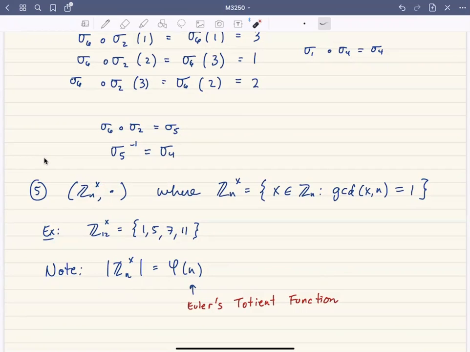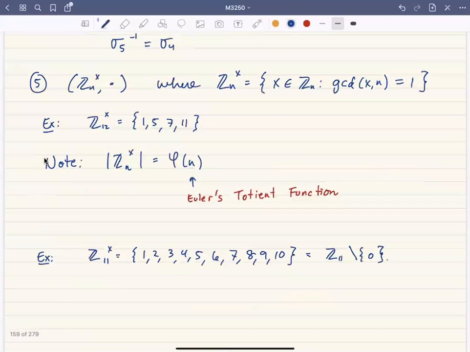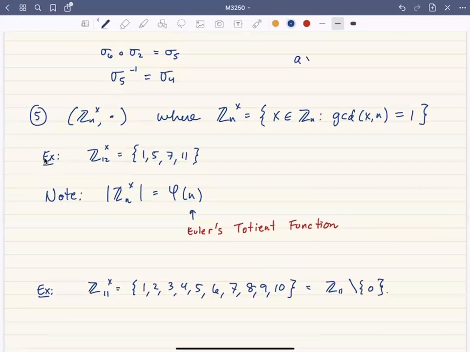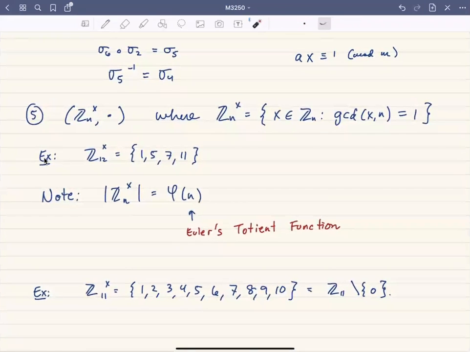And one of the things that we saw when we were talking about solving linear congruences is that if you were to try and solve ax is congruent to 1 mod m, or mod n, it doesn't really matter, we know that there's going to be an inverse. So a inverse exists if and only if a and m are relatively prime.